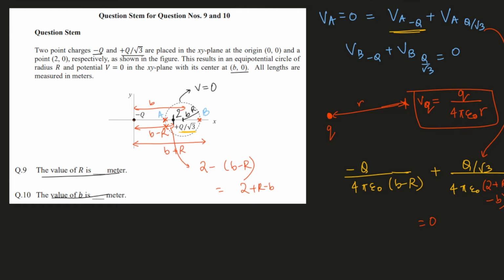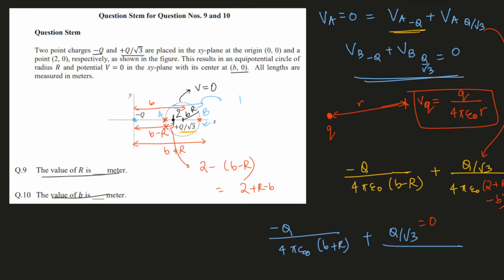We do the same thing for the point B. Again, negative q divided by 4 pi epsilon naught, and the distance from this charge to B is b plus r. And the distance from the charge q by square root of 3 is b plus r minus 2.